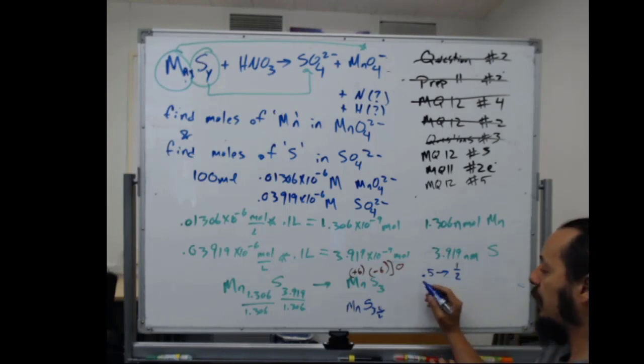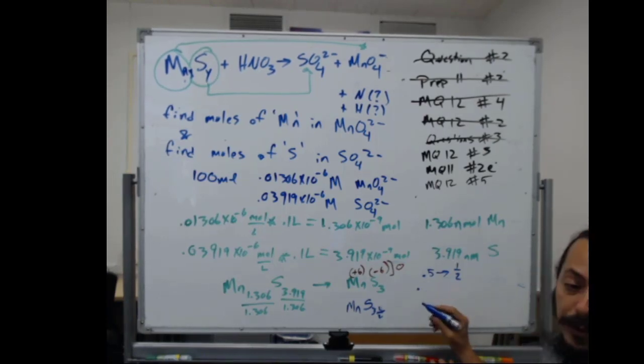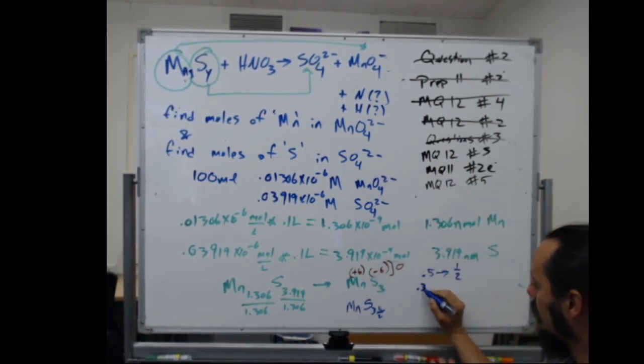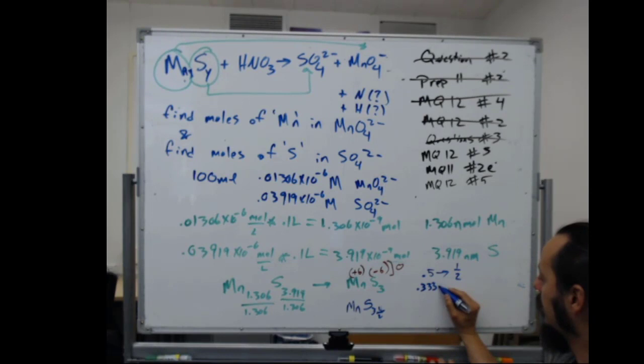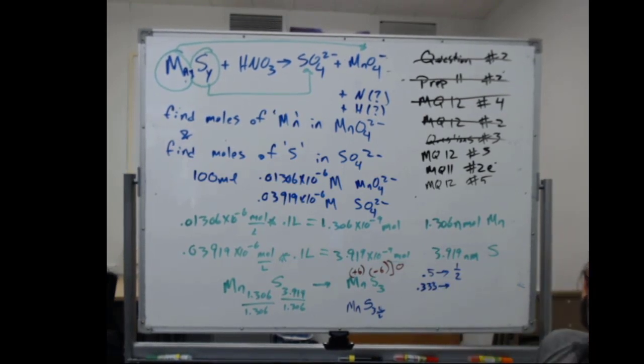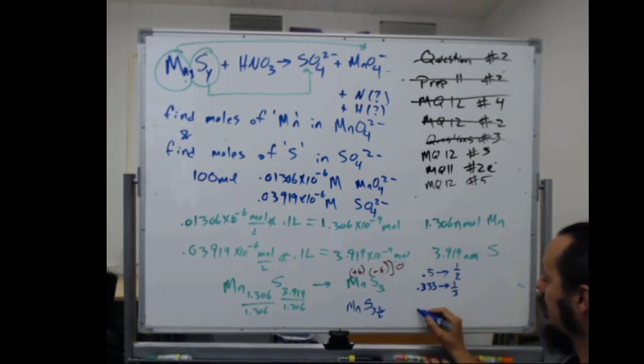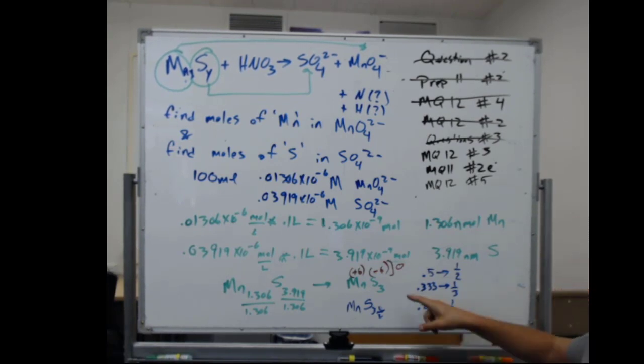Some other decimals that are really important to look out for when you're doing combustion analysis or any of this type of analysis: 0.333, 1/3; 0.25, 1/4. Also look for 0.66, that'll be 2/3, or 0.75, 3/4.